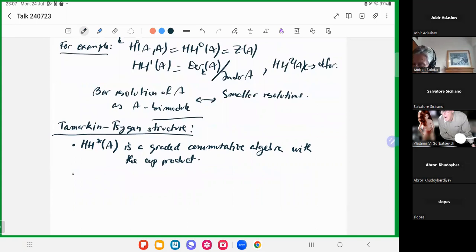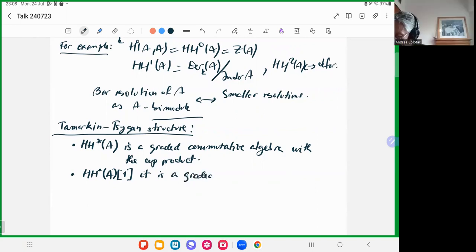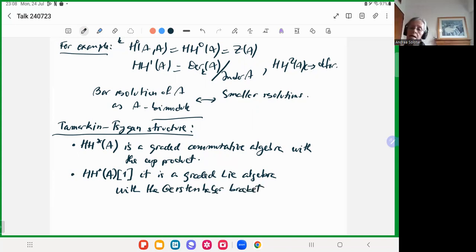If we look at the Hochschild cohomology shifted by 1, then it has a bracket, so it becomes a graded Lie algebra with the bracket that is called the Gerstenhaber bracket. The Gerstenhaber bracket is a kind of generalization of the Schouten-Nijenhuis bracket to the non-commutative case.